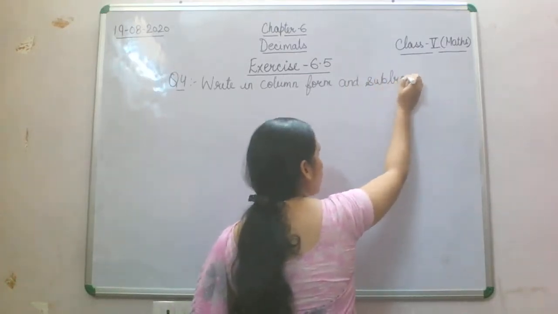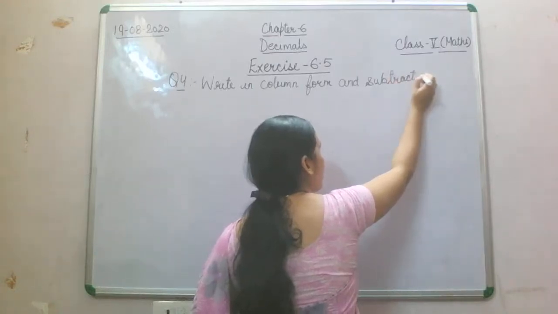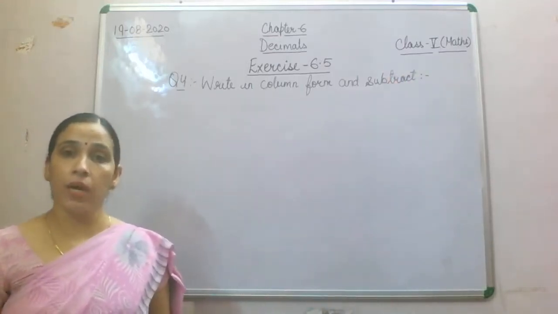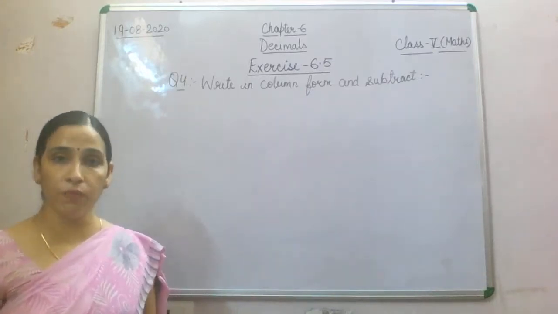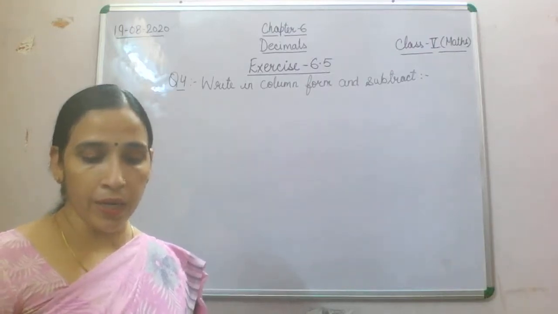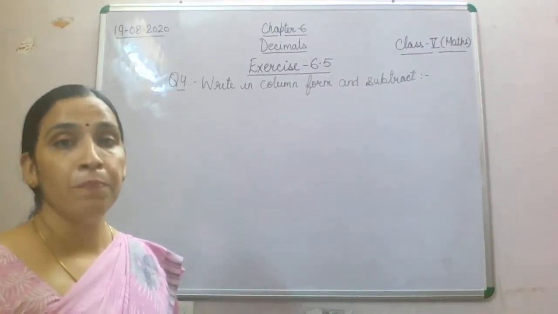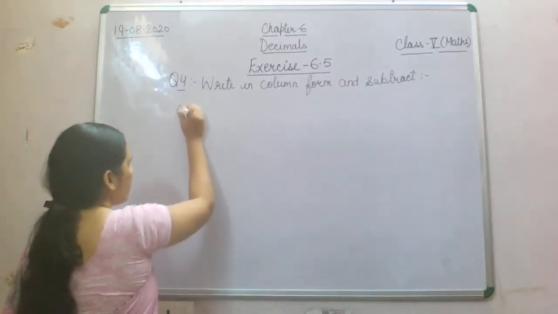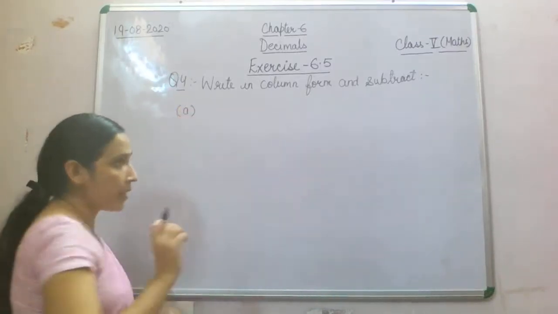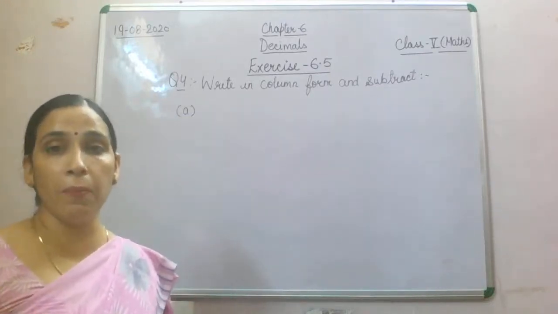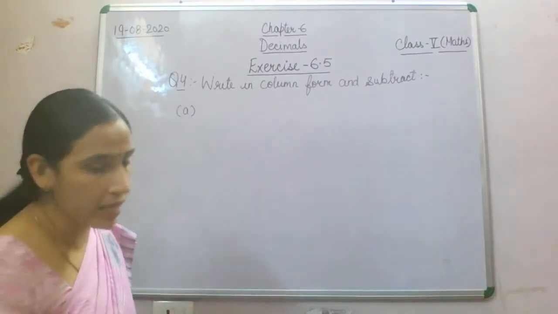Now the basic is quite clear: the decimal will come just below the decimal, and after arranging the numbers in column form, you are supposed to do the subtraction. Now here you have been given the numbers already having the subtraction symbol. If the subtraction symbol is not given, then you have to find out which number is bigger. That you will write first.